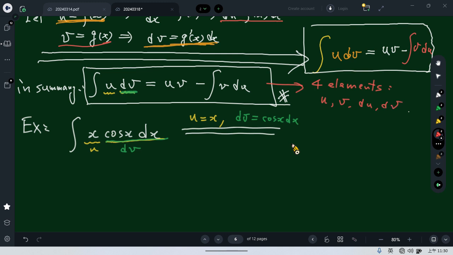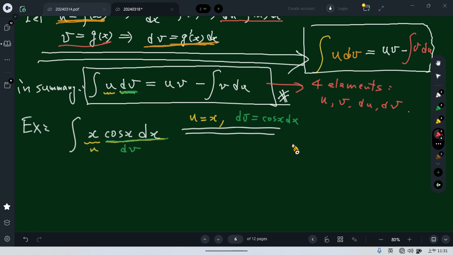So just remember that if you want to apply integration by parts as your technique of integration, you need to identify these 4 elements. Right now, I assign u equal to x and dv equal to cosine x dx. For the u part you need to find du, and for the v part, you already have dv, so you need to find v.